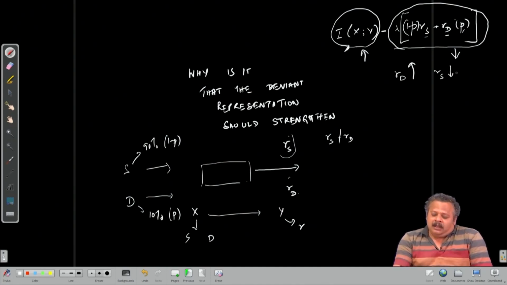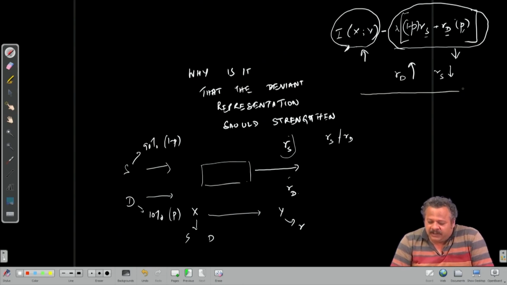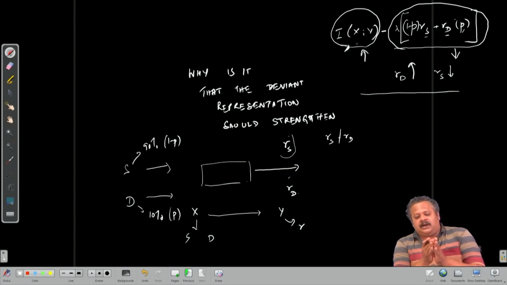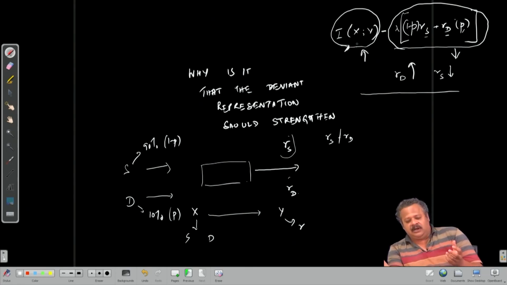So the simple, intuitive explanation is that, in order to maximize the mutual information between X and Y, we need to have larger and larger separation between RS and RD. So obviously, if we need to maximize this with minimal amount of activity, RS has to be less than RD.